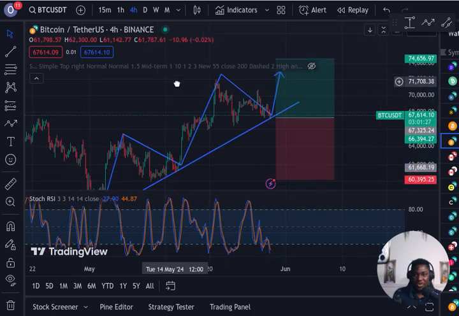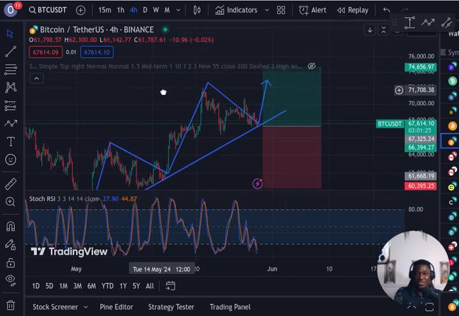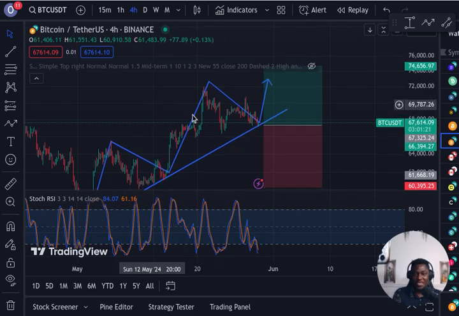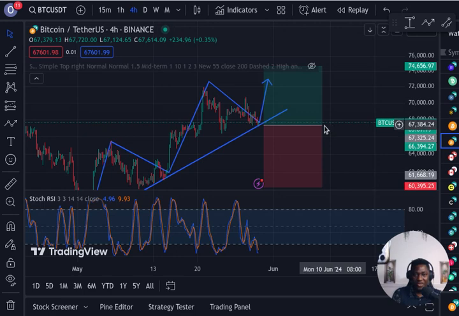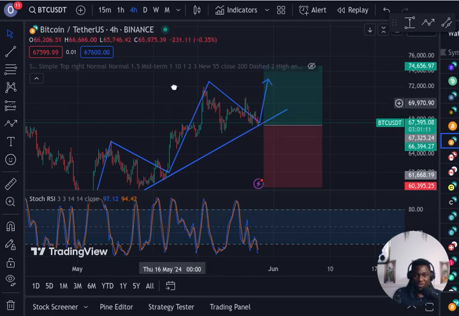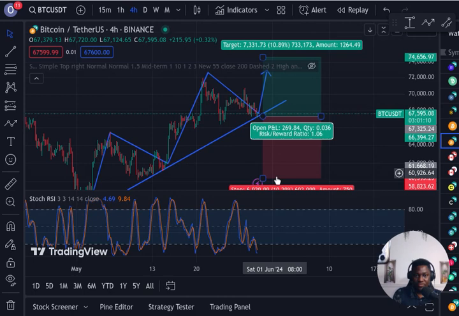Still like 1. Alright. So now, if it's like this, what we are saying is that we are going to place our entry level at $67,148, and we are going to place our stop loss at $60,289, right?